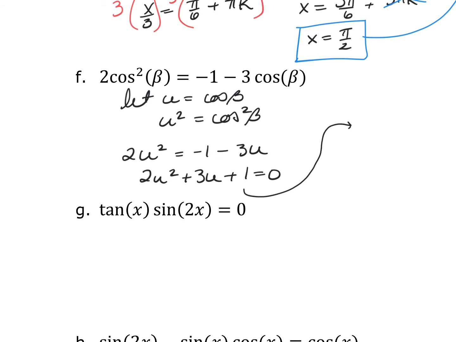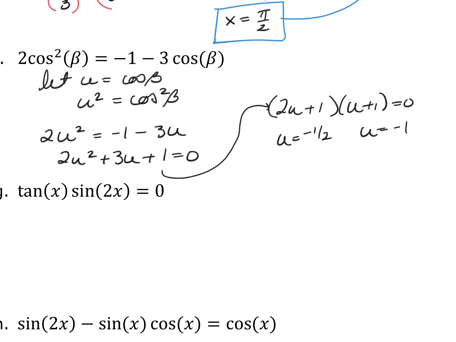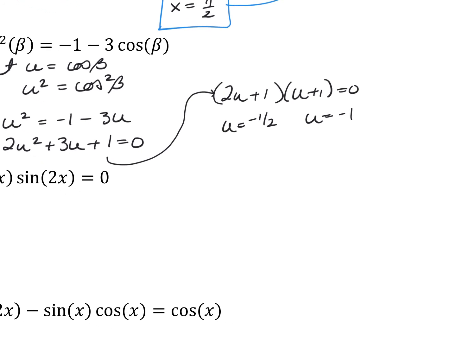So I go to factor this thing and I say, oh, this is 2u plus 1, and this is u plus 1 is equal to 0. So I get u is equal to -1/2, and I get u is equal to -1. Now, I am not solving for u, I'm solving for the cosine of beta. The cosine of beta is equal to -1/2, and the cosine of beta is equal to -1.